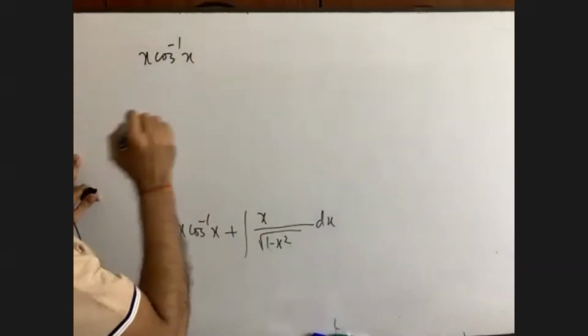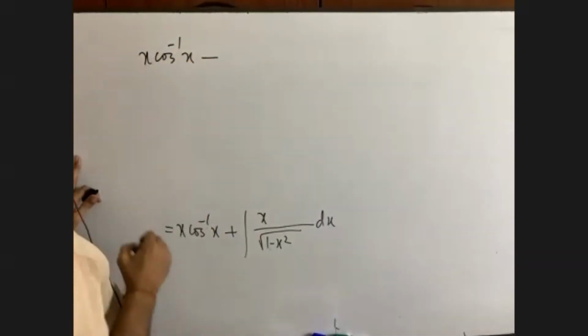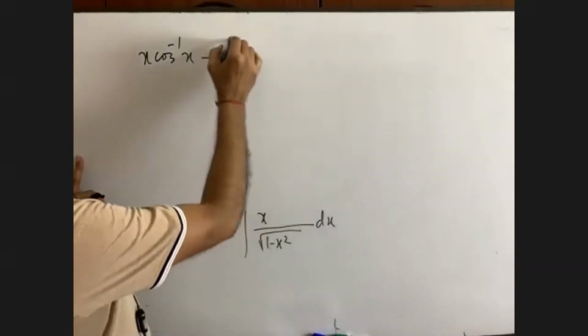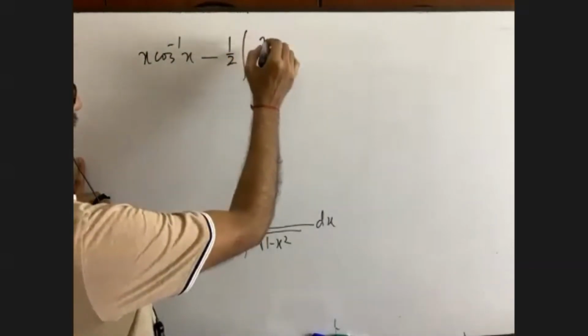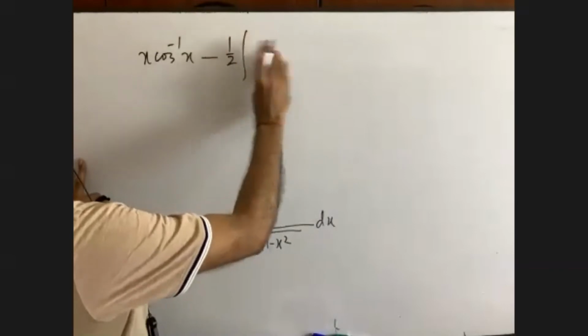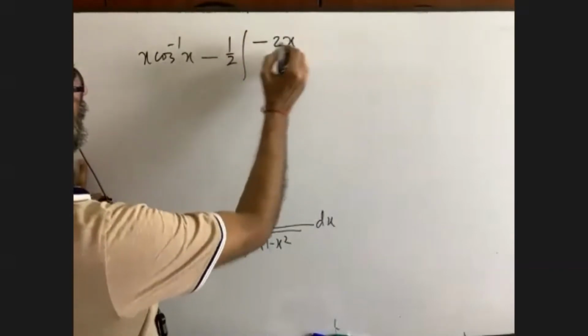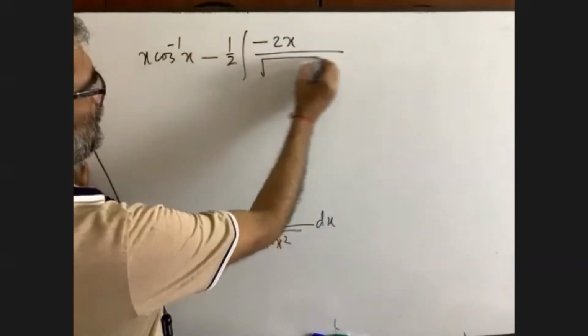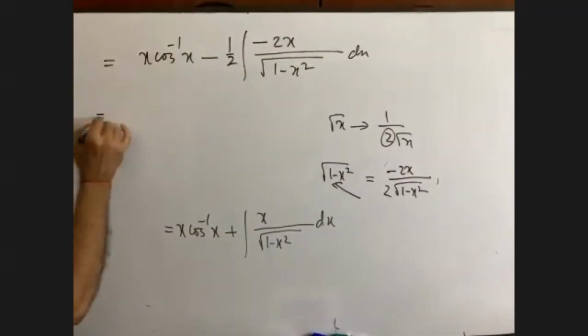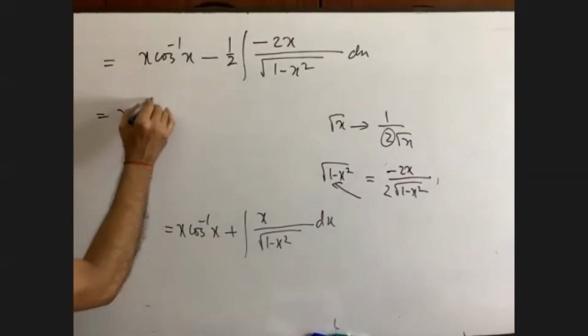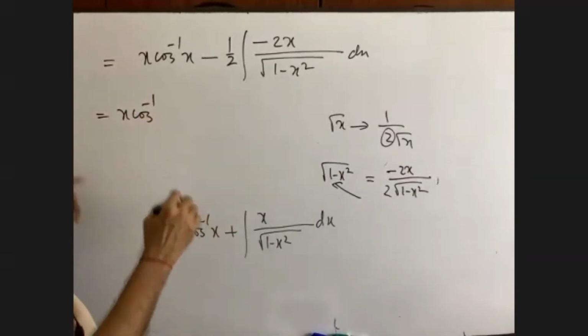What we are getting here? Minus half into, if this is minus, then it is minus 2x by root over 1 minus x square dx. So for this, the last math was also right.